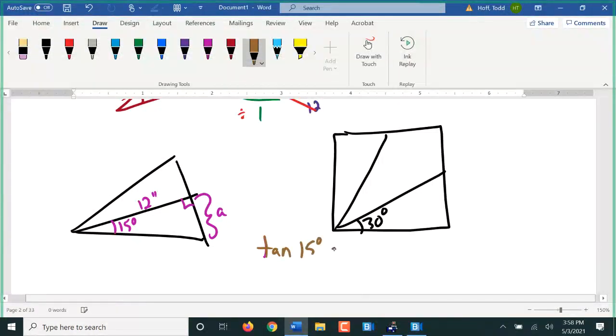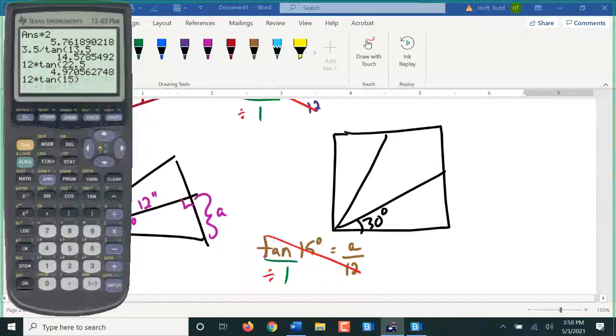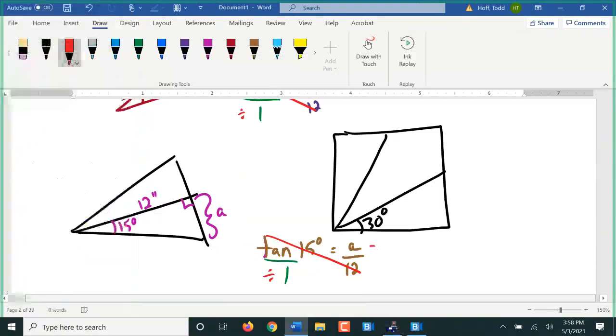Tangent of 15 degrees equals A over 12. That over 1 and cross multiply and divide. 12 times the tangent of 15 divided by 1 is only 3.22. Double that, we're only getting 6.44 inches across here. We're about 5/8 of an inch, actually not even 5/8, more like 9/16 of an inch short of having our 7 inches of width that we require there.